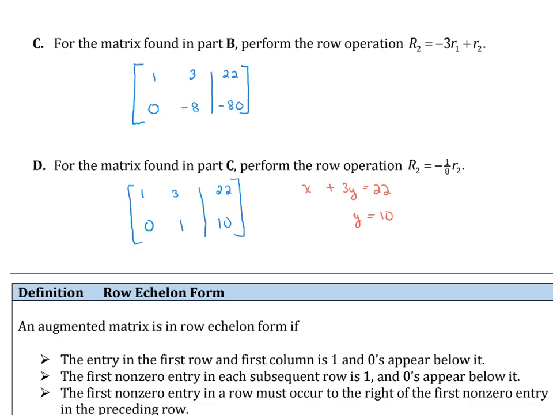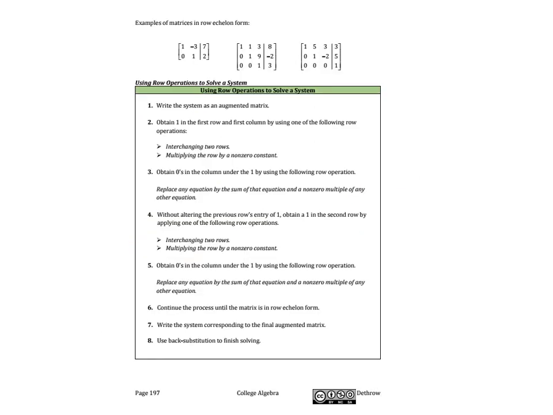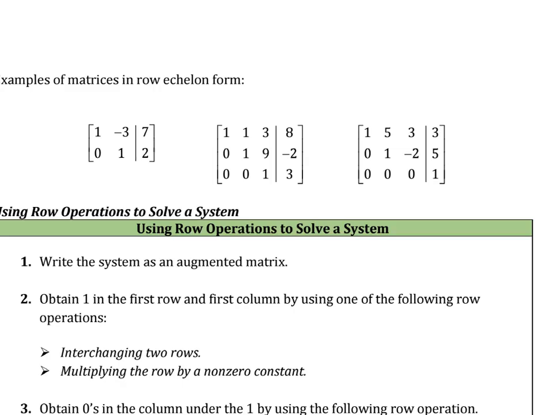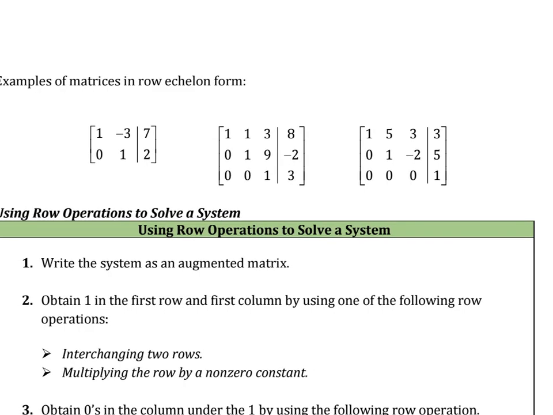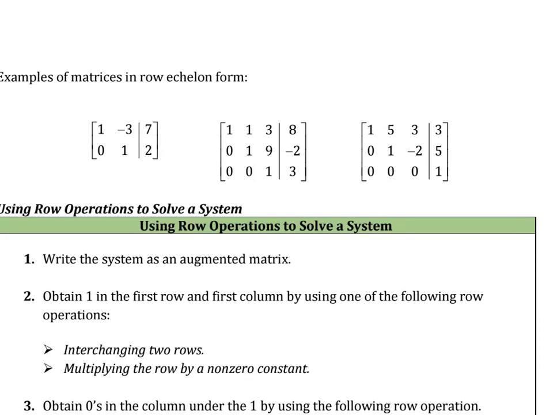So let's take a look at some examples. These three matrices are in row echelon form. Notice we have 1 as our first non-zero entry, and there are zeros below it. And then in this row, our first non-zero entry is a 1. Now let's look at our second matrix.